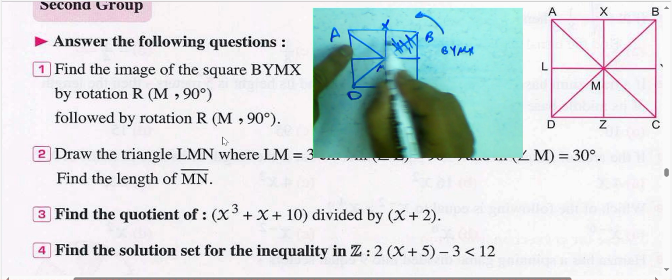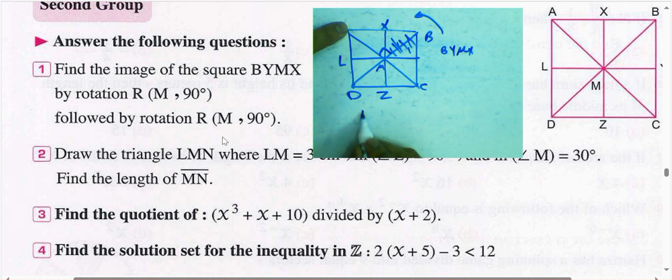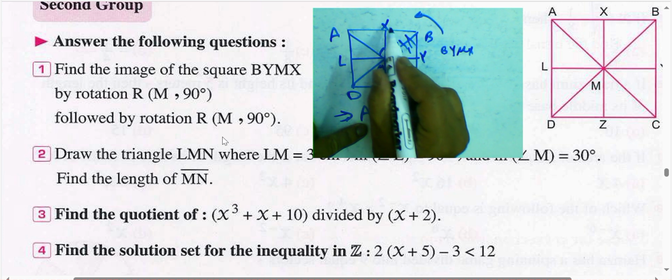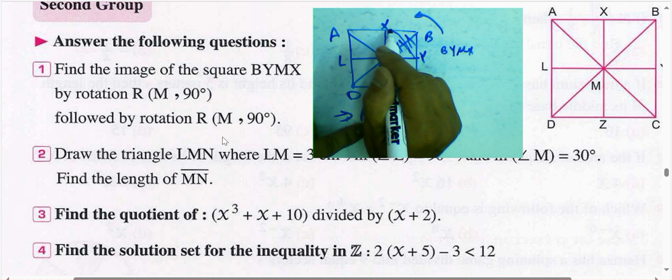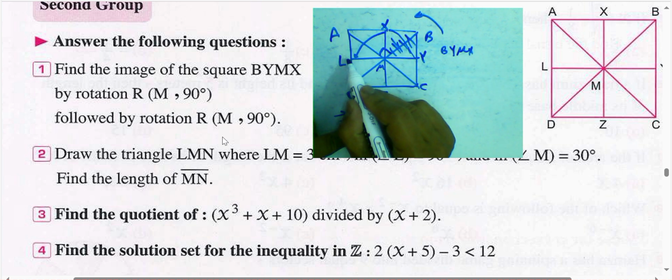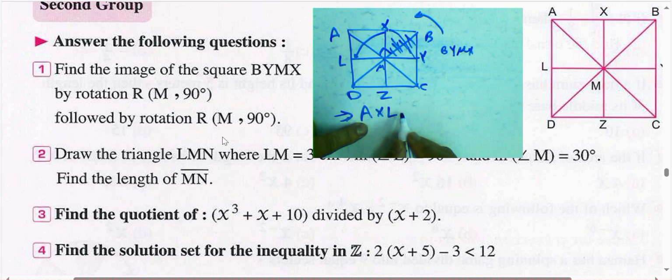B will go to A by 90 degrees, the first image will be A. And Y, where is Y? Y here goes to X, and X will go to L. And M is constant here because it is the origin point. And again we can rotate.